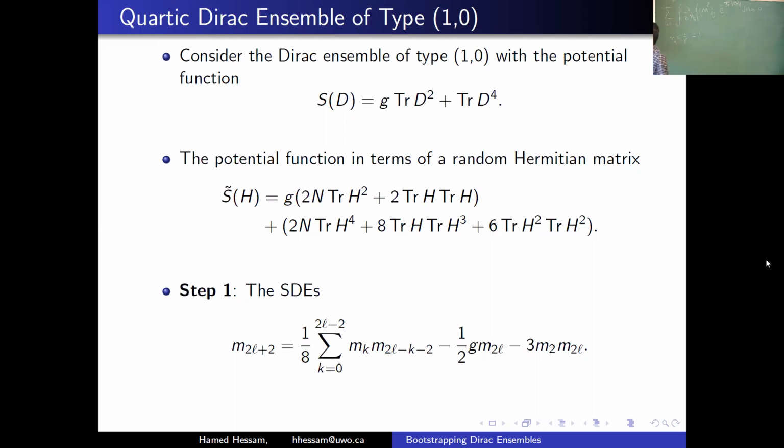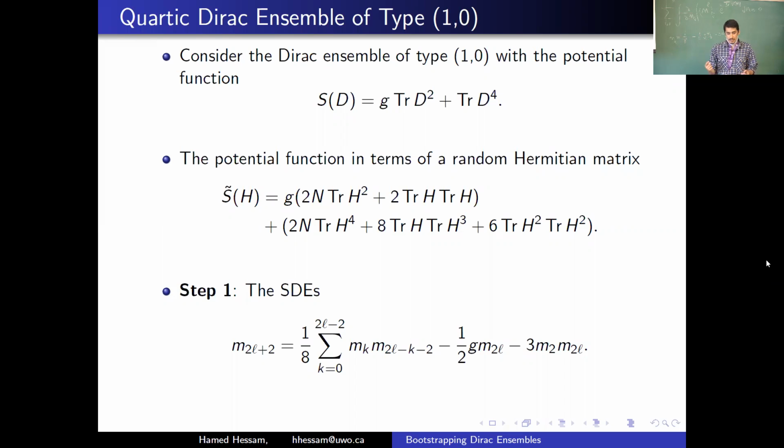Because when L is 1, K is 0. This becomes M0, that one also M0. Minus 1/2 G M2 minus 3 M2 squared. So I can write M4 in terms of M2 and G. And also if I go up, I can write M6 in terms of M4 and M2. So M6 can be written just in terms of M2.